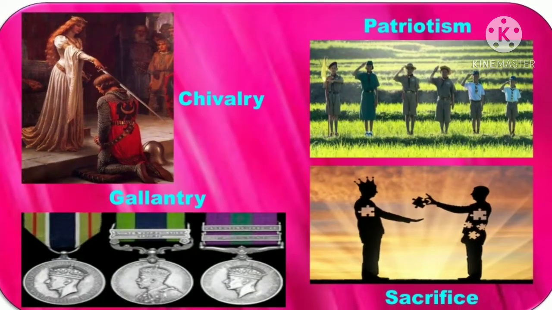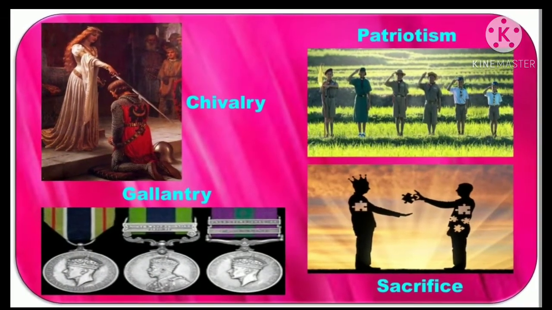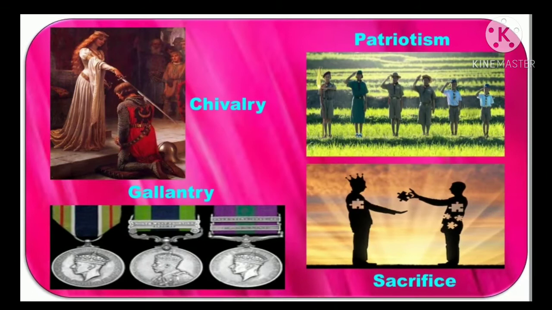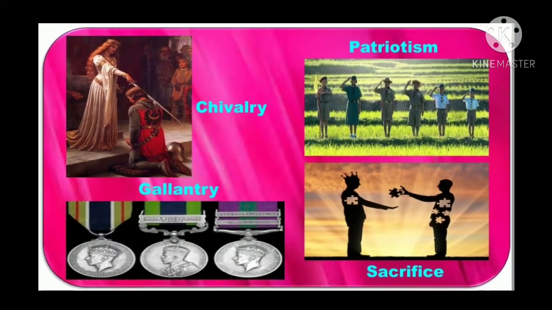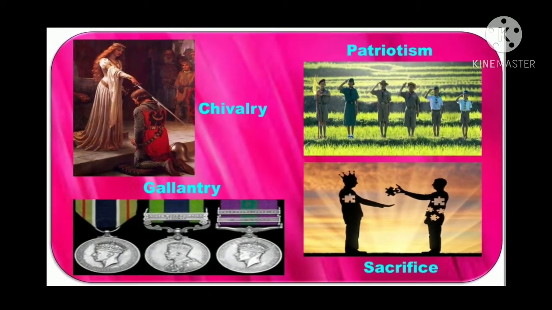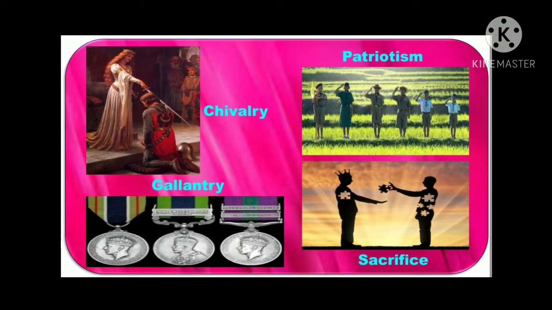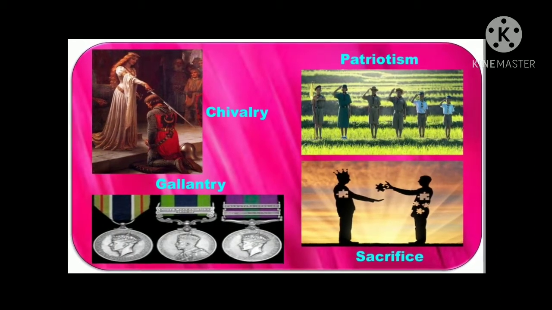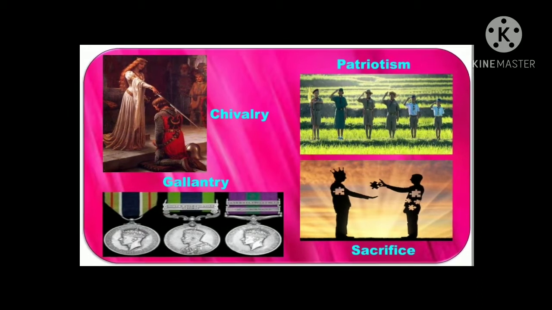First, we'll see the gist of the poem. The poem Incident of the French Camp describes an act of chivalry, gallantry, patriotism, and sacrifice on the part of a young French soldier. The French army had attacked the German city of Ratisbon.